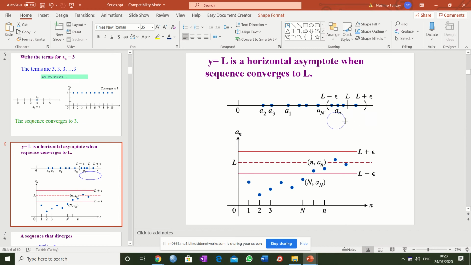Here L minus E is the neighborhood, and here L plus E. So the neighborhood L minus E and the neighborhood L plus E. If you watch this here, these are the sequence, and if they converge to L, the convergence means it gets close to L, or it reaches L in the end, and these are the neighborhood.